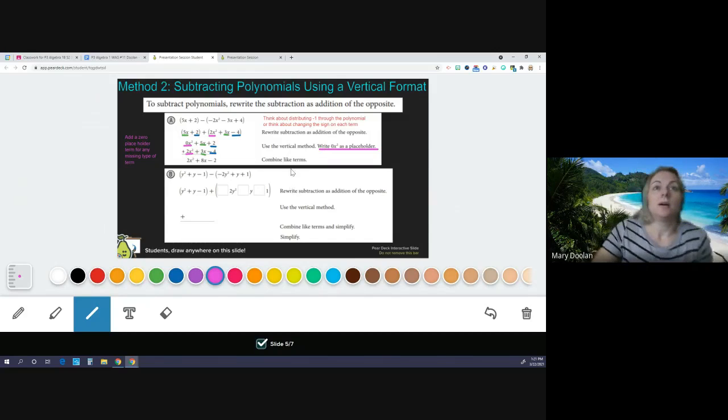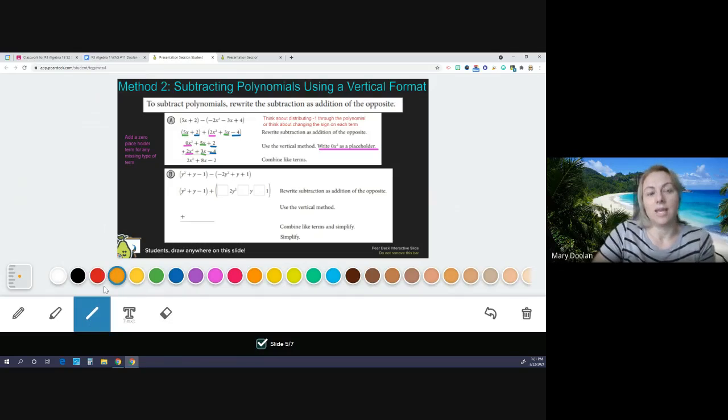Okay. And then the last step is to just combine your like terms. So you're adding vertically, and it doesn't matter. You can go from left to right or from right to left, whatever way is more familiar to you, it's the same answer. You're not carrying anything like you would with the vertical addition of 99 plus 87.